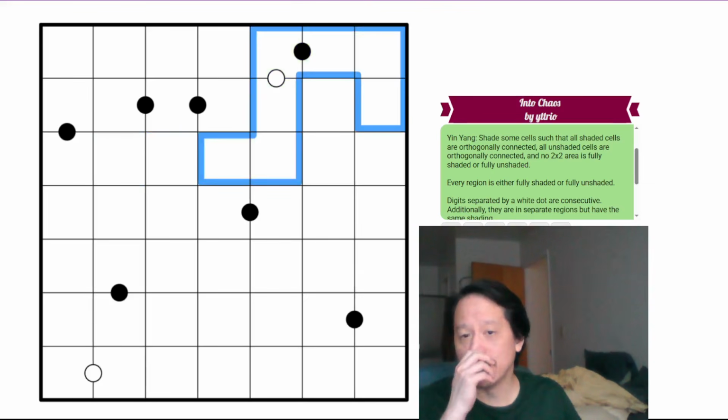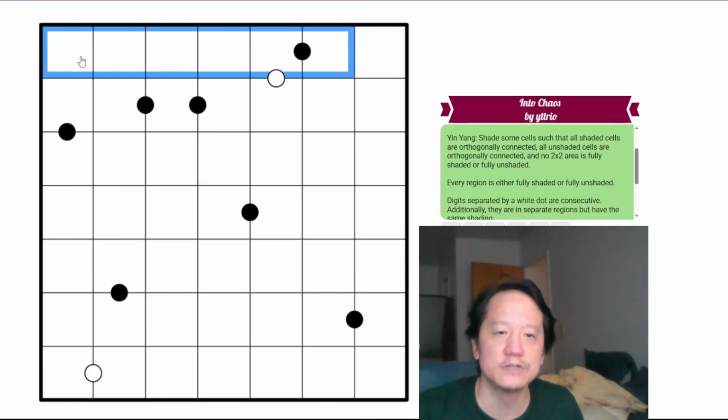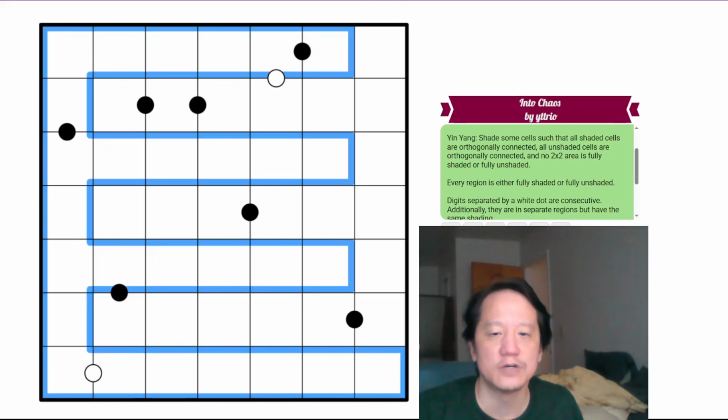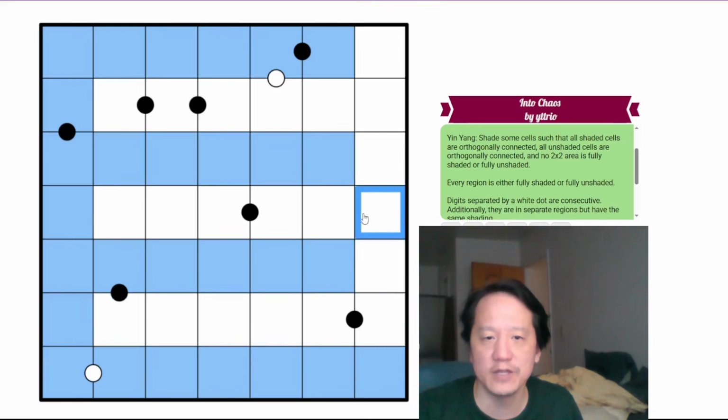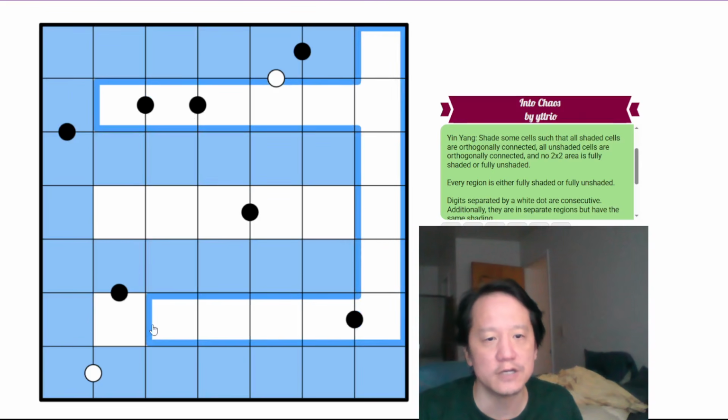We also have yin-yang shading, where we need to shade some cells such that all shaded cells are orthogonally connected and all unshaded cells are orthogonally connected. And no 2x2 area is fully shaded or fully unshaded. So the same thing that applies for orthogonally connected regions also applies to orthogonally connected shading, right?